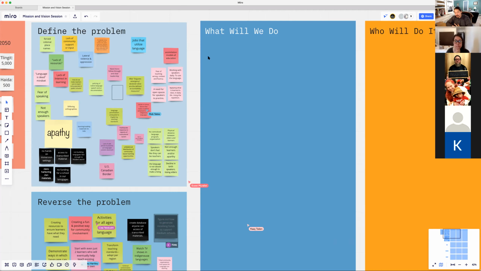Reversing language shift is huge. It's huge because you're tasked with trying to shift the entire culture of individuals, families, institutions, regions, communities, states, federal governments, tribal governments, all of that stuff.